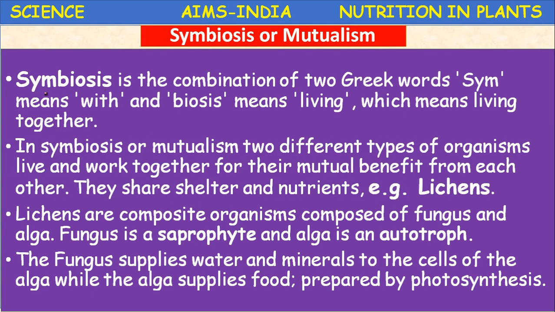So what is symbiosis? It is another type of heterotrophic nutrition. It is a combination of two Greek words. One is sym, meaning with, and biosis means living, which means living together, a symbiotic association.